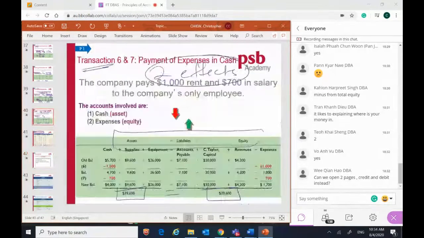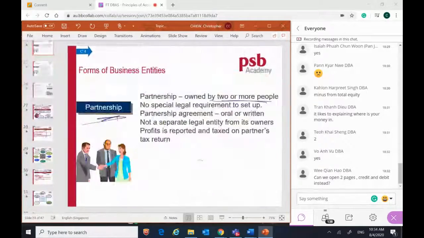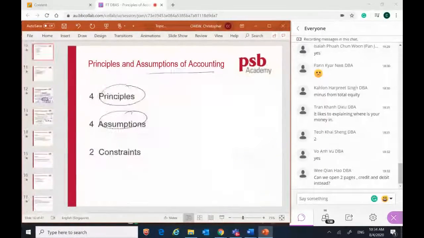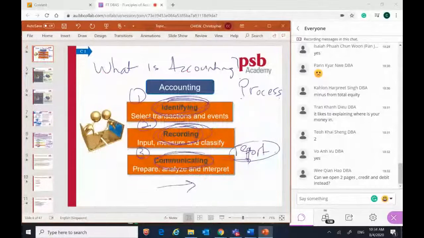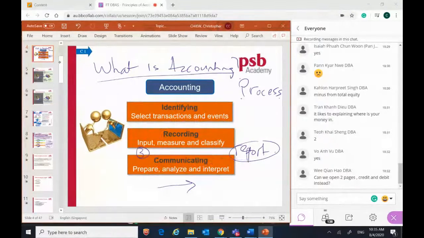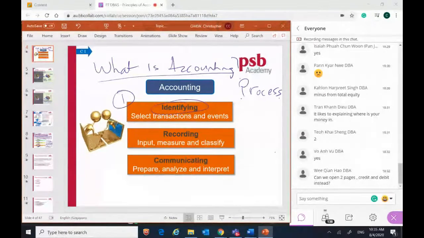If I can bring you back to the very beginning of today's lesson, remember, I asked you what is accounting? Accounting is a process. 3 things. Number 1, you must identify the transactions. And one more time, every transaction will affect how many things? 2. There's a double effect. But whatever the impact, the accounting equation must always remain equal.